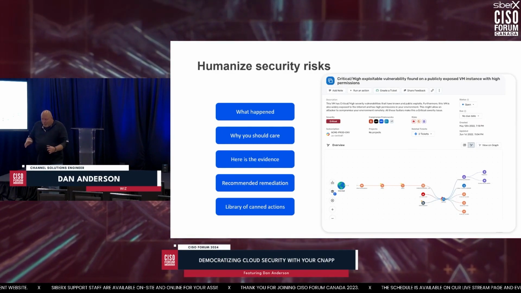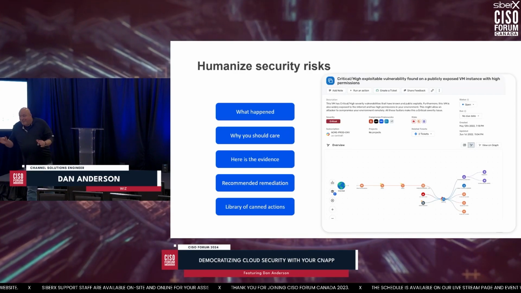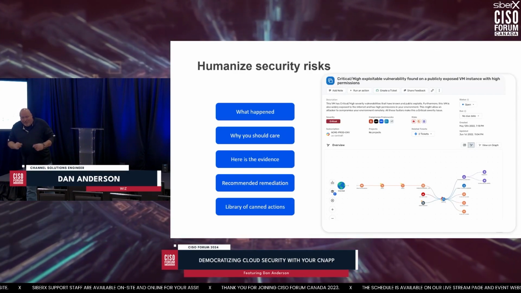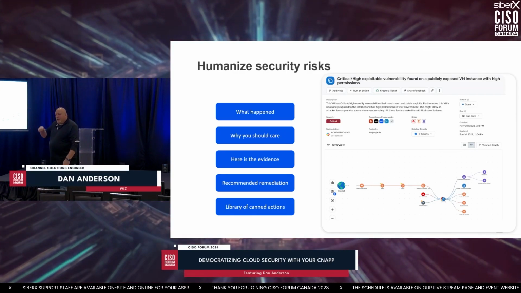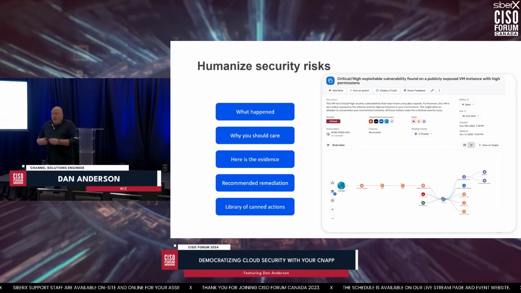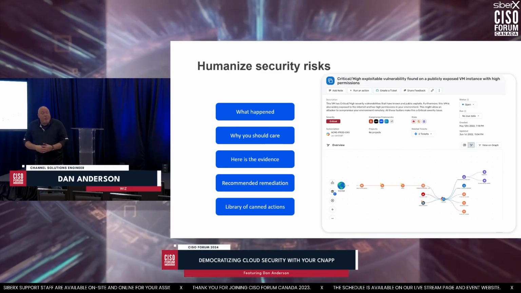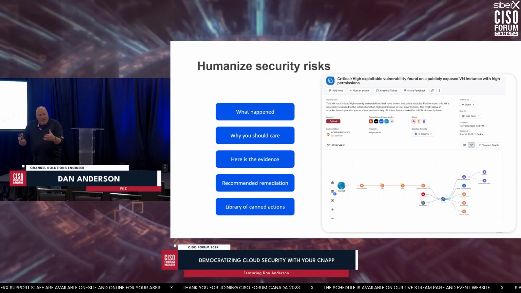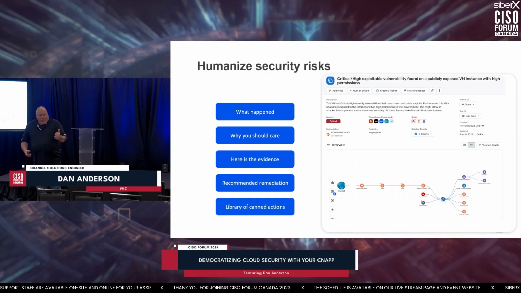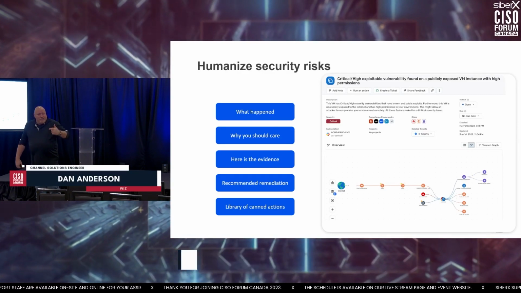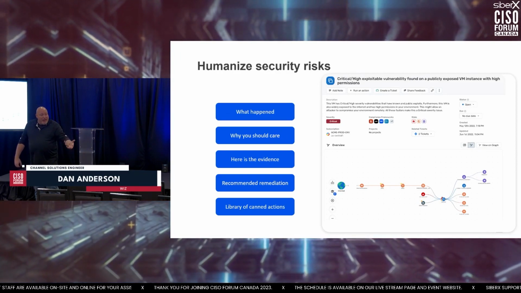It's not drop the ball, punt it over the fence and say, we told you, now go fix it, catch you later. It's, hey, look, here's the problem. Here's how you fix it. Here's how you remediate. Oh, by the way, not just this way, but I can do it this way: multi-click, single-click, automation. I can do some AI stuff for you.